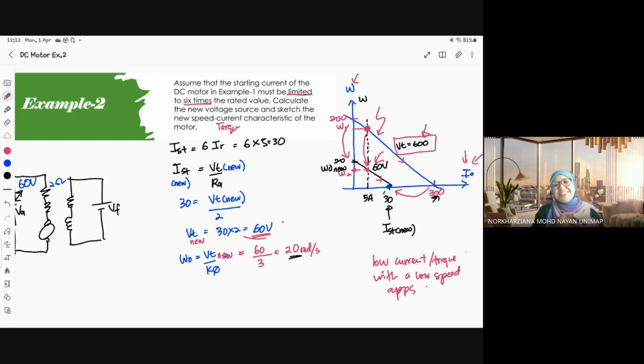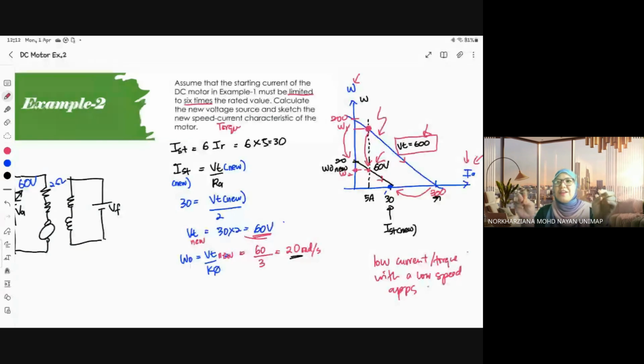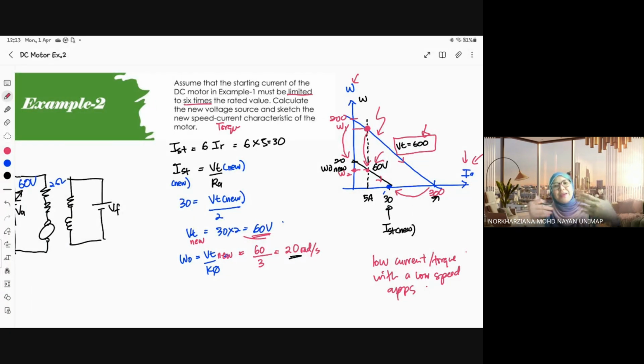When you have an automatic gate, you need to install a motor to control it, whether sliding or bending your gate, so it needs a motor. That kind of motor uses low torque, low speed application.